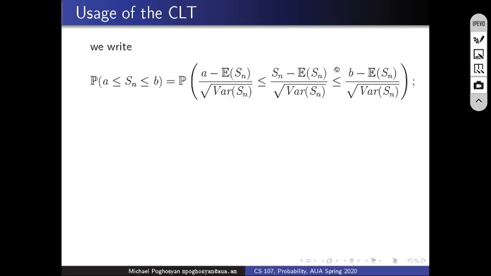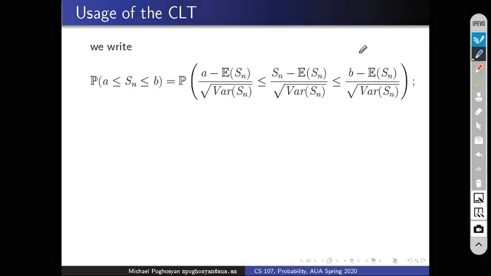Now this part is exactly the standardized Sn, Zn. And the central limit theorem says, if you have Zn between some two numbers, then this is approximately equal to the same probability but with Z here, and Z is standard normal.